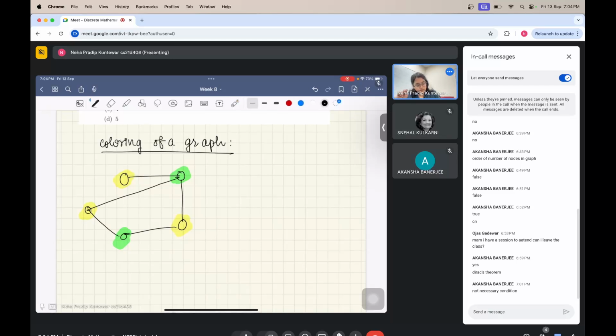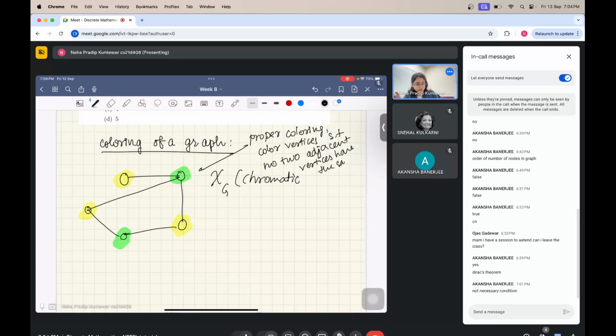So this kind of coloring is called a proper coloring, where you color the vertices such that no two adjacent vertices have the same color.